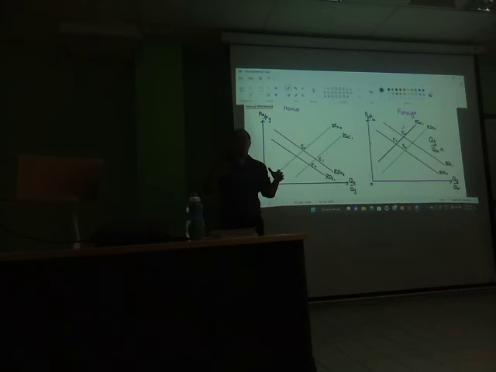The relative price decreases. What is the conclusion here? The terms of trade decreases, and is this good or bad to the welfare in home? Bad. It's bad. Okay? So we have answered these two questions here. What happens to the terms of trade, and also what about the welfare in the two countries?